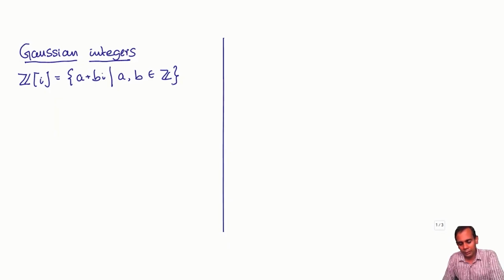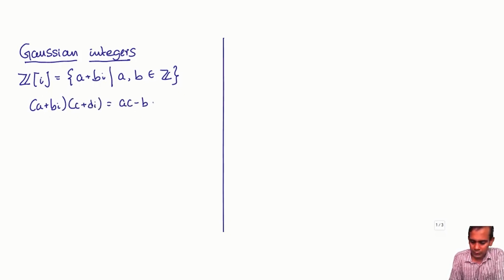Addition and multiplication in Gaussian integers are inherited from complex numbers. So a plus bi times c plus di is just ac minus bd plus (ad plus bc) times i.